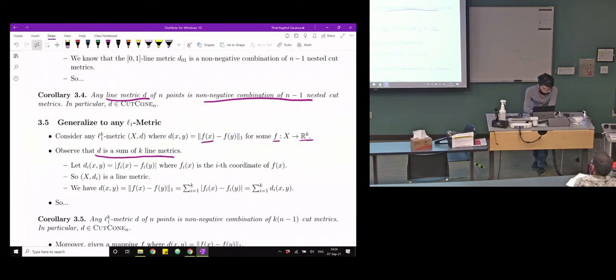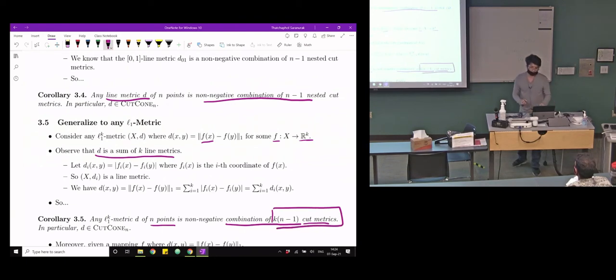So because this is a sum of k line metrics, any L1 metric of dimension k, with n endpoints, is a combination of n times k minus 1 cut metrics. Are these cut metrics nested?